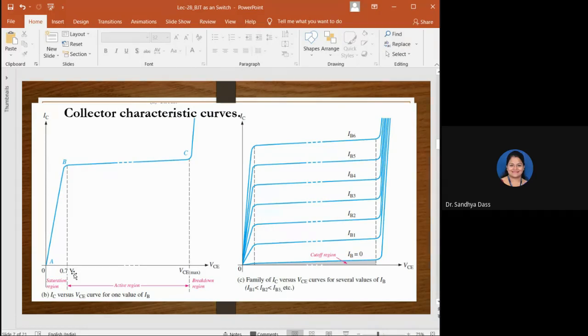Will it be reverse biased? Yes, it is reverse biased. So if the voltage across VCE crosses 0.7 volts, then the base collector junction will become reverse biased. Remember, I'm talking about the base collector junction.